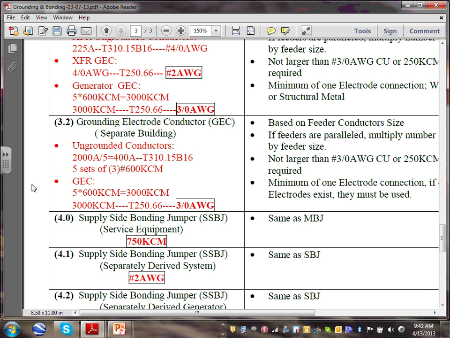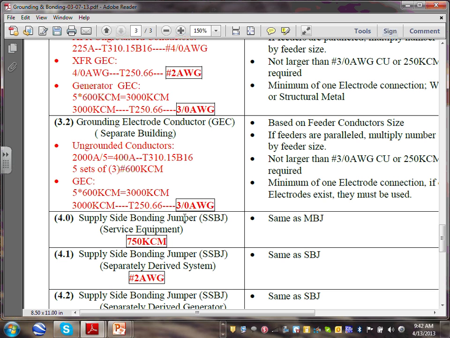I have 2000 amps, 5 sets of 400 to 600 kcmil each. You multiply them by how many sets, and you go to 250.66, and that gets you 3/0. Any comments, guys? Any questions about the grounding electrode conductor at the second building? You treat the feeder like a service conductor, and you size the grounding electrode conductor based on the feeder conductors.